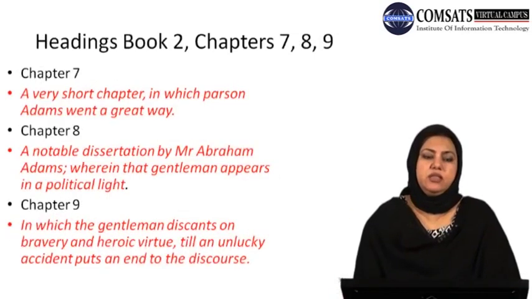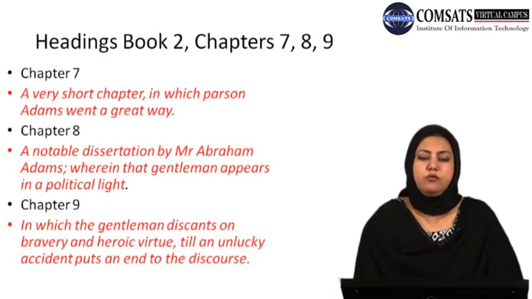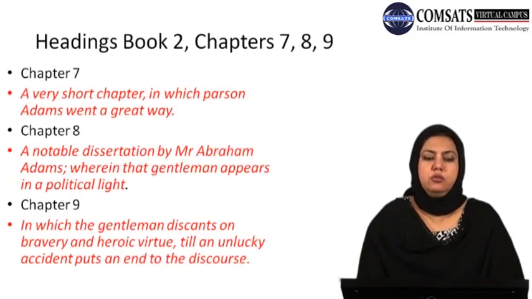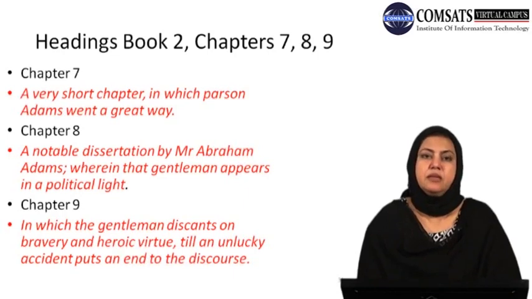My dear students, with this we move on to the headings of chapters 7, 8 and 9 of book 2 respectively, and then collectively we would share the details of important summary points, as well as we would do a critical analysis of these chapters. Chapter 7 has a heading that runs as follows. It's a very short chapter in which Parson Adams went a great way.